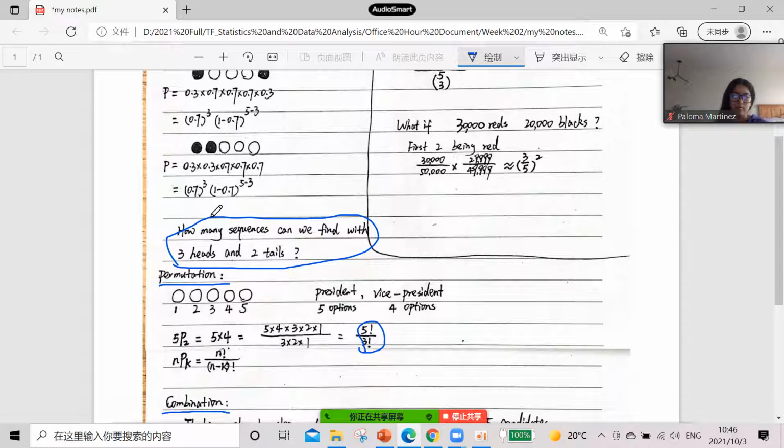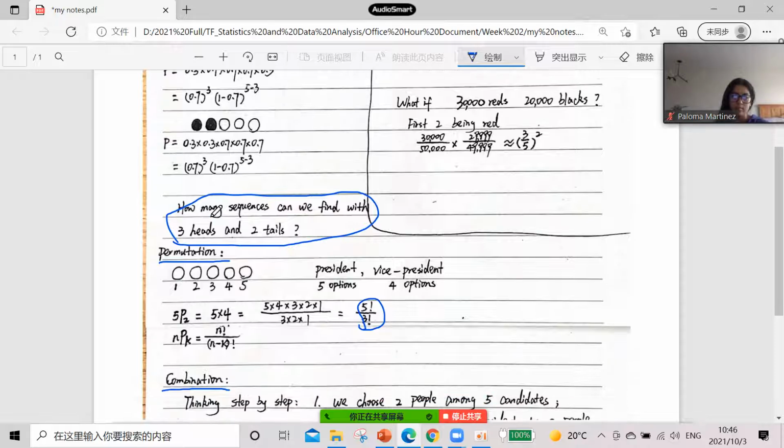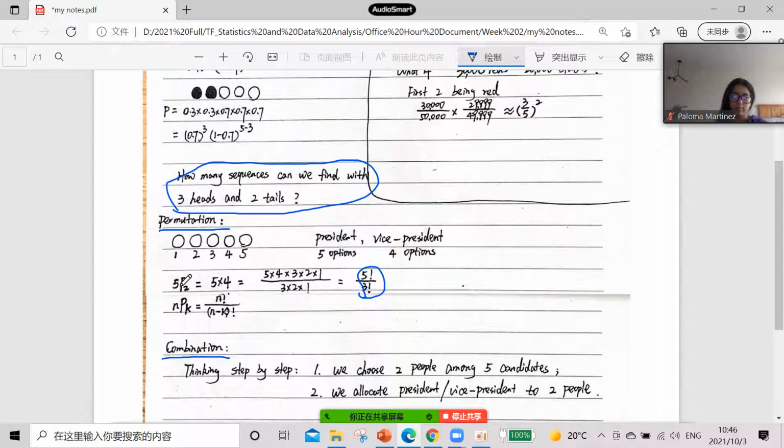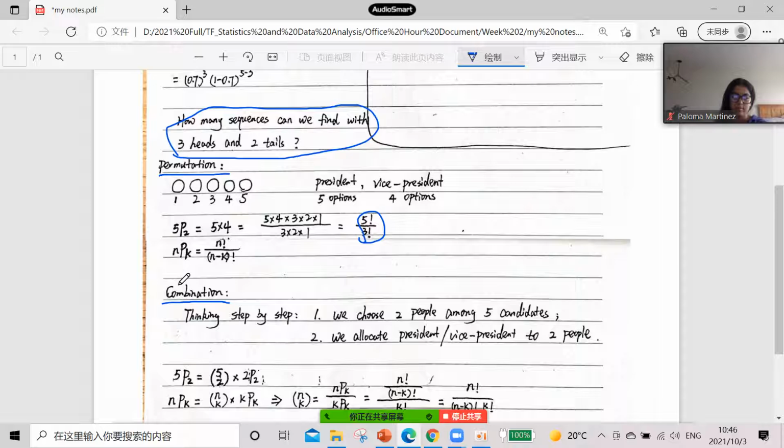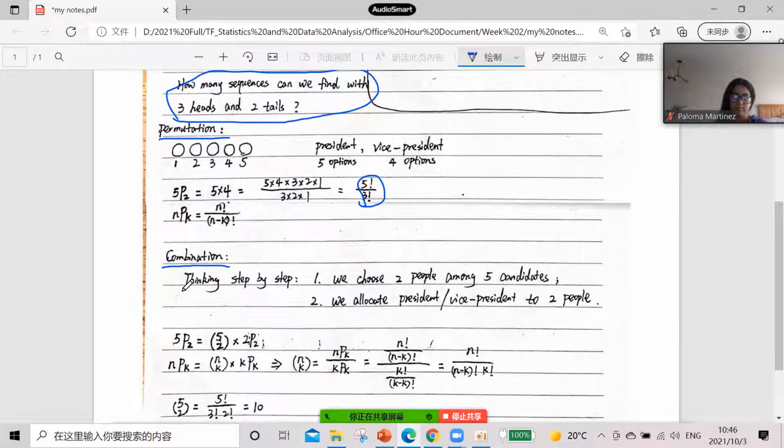So 5 permutation 2 is larger than 5 choose 2, because for 5 choose 2 I don't need to allocate roles, so I have fewer options. But how to calculate that exactly? I will use a step-by-step method.